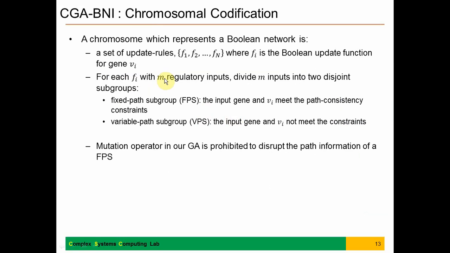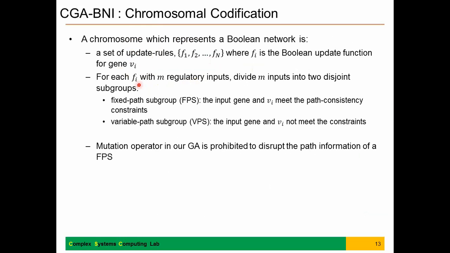And the important part here is chromosome codification. So a chromosome here is a Boolean network. It only accepts a set of functions from F1 to Fn. Fi is a Boolean function for node Vi.